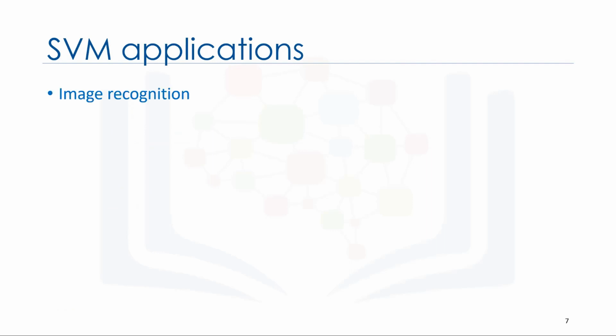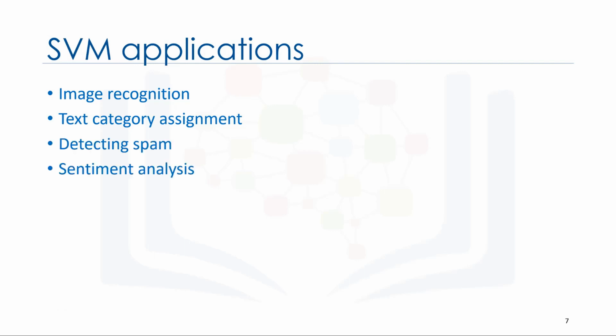Well, SVM is good for image analysis tasks, such as image classification and handwritten digit recognition. Also, SVM is very effective in text mining tasks, particularly due to its effectiveness in dealing with high-dimensional data. For example, it is used for detecting spam, text category assignment, and sentiment analysis.